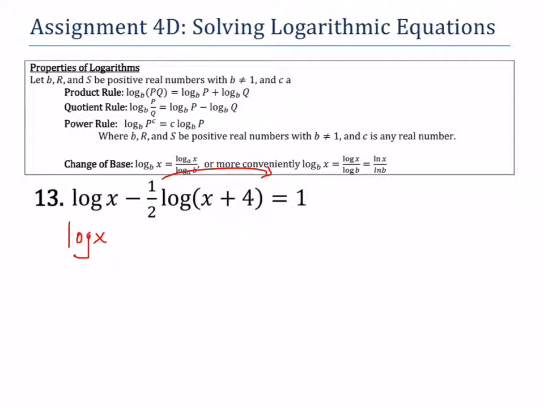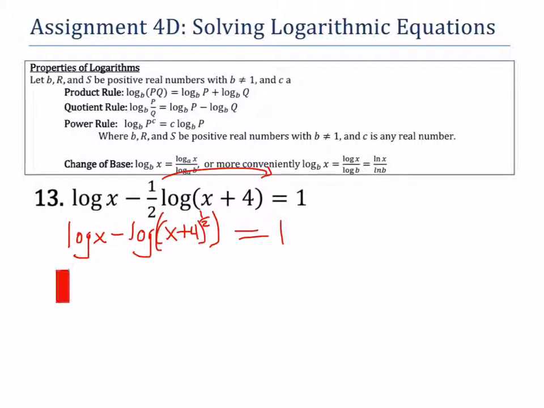So we have log of x minus log of x plus 4 to the 1/2. Now that whole thing is really inside the logarithm, but let's leave it like that. Now let's combine. We've got a subtraction going on here, and subtracting logs can be combined using the quotient rule.